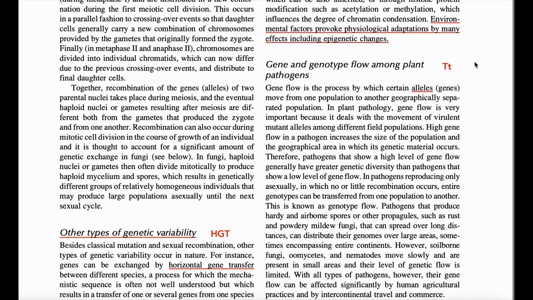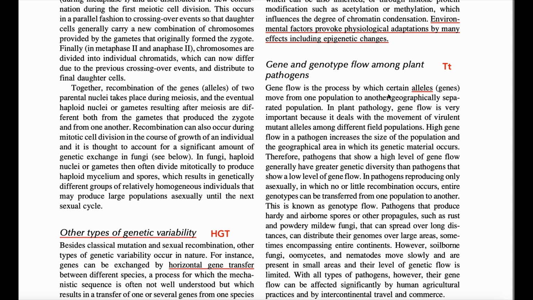So for tall plants, this is capital T, a single allele, and for dwarfness, this is small t. This is also an allele. So alleles are the contrasting characters of a particular gene. This is one such example.